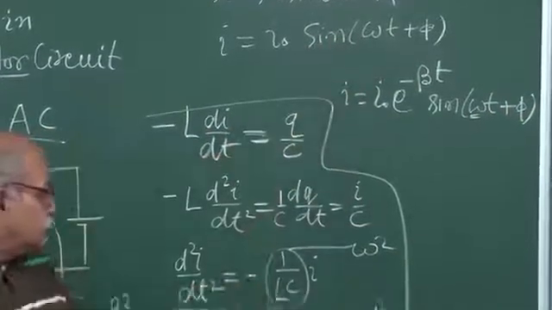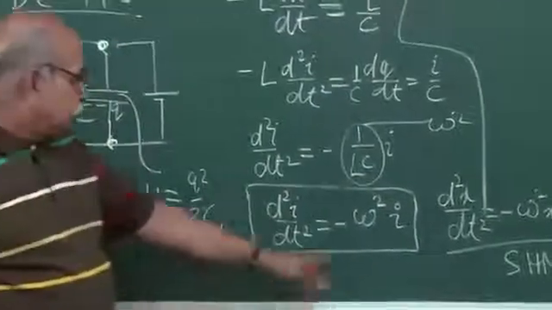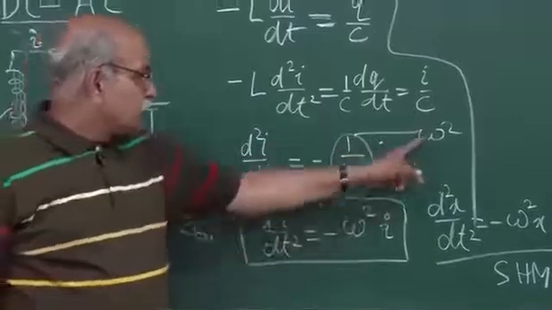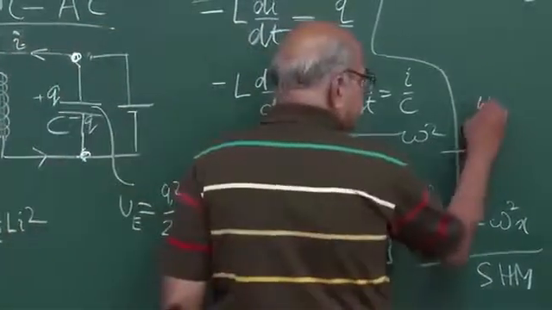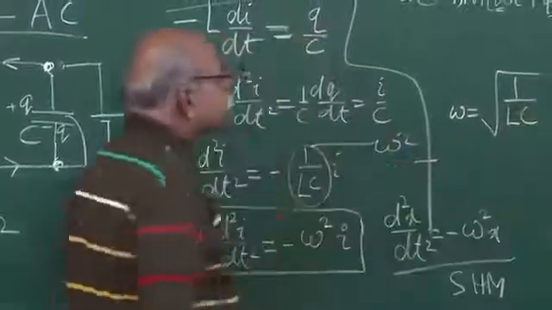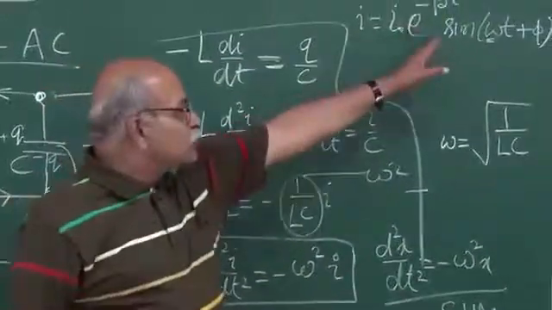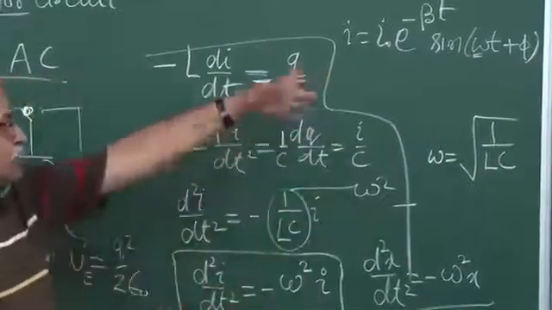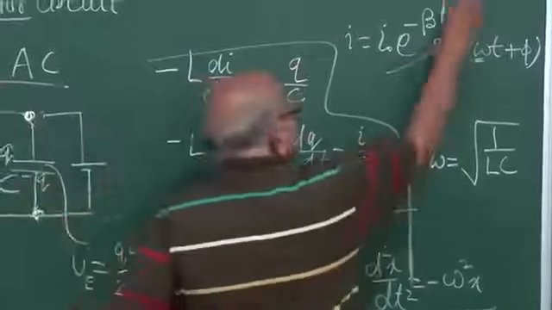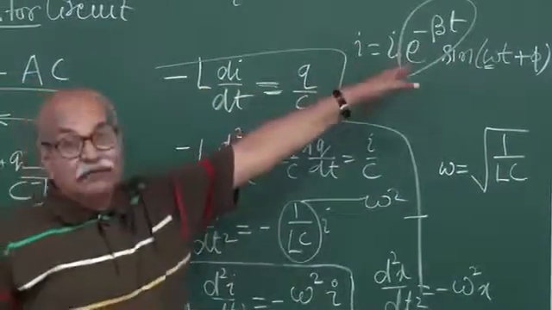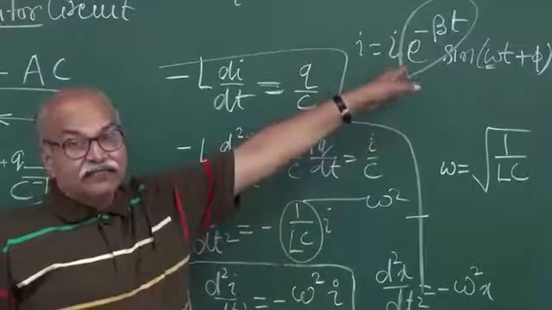What is ω? ω² we have written for this, so ω is the square root of 1/LC. If you have resistance, it could be slightly different from this, but nevertheless the important point is here: the amplitude will decay as a function of time.